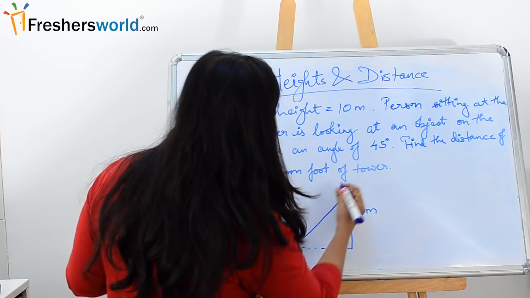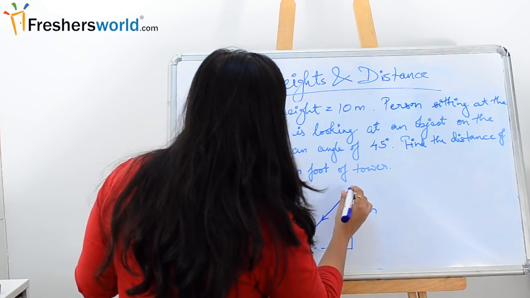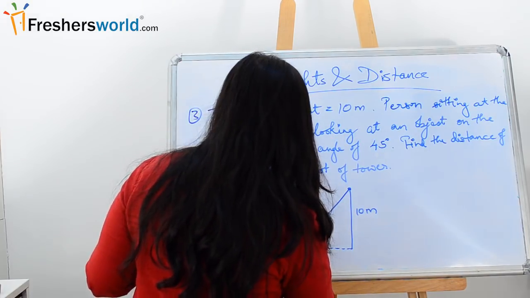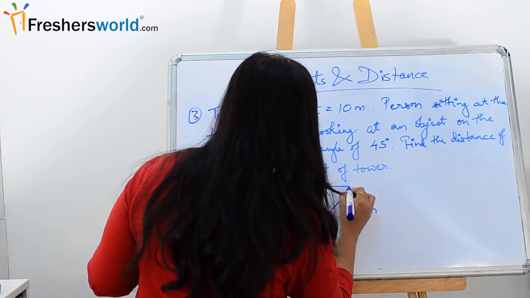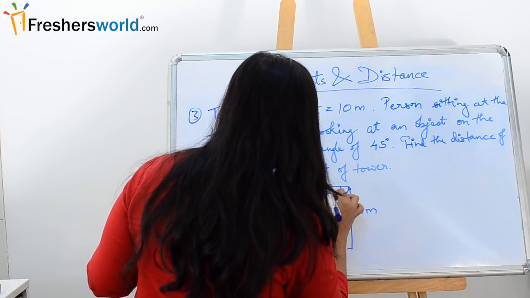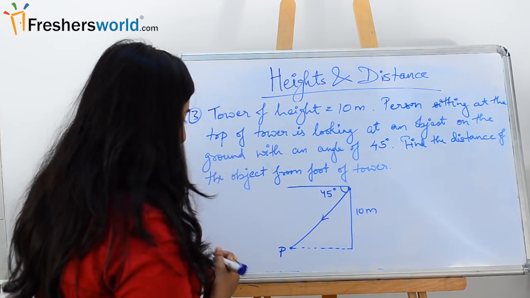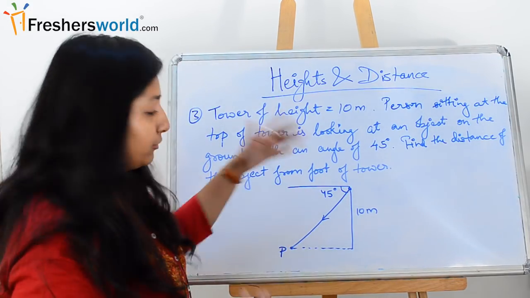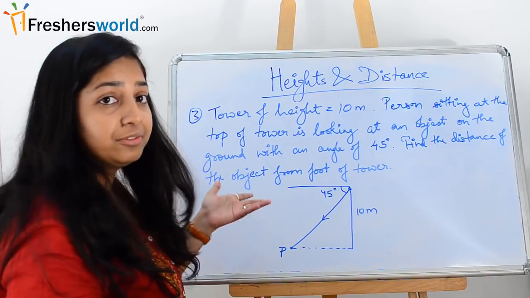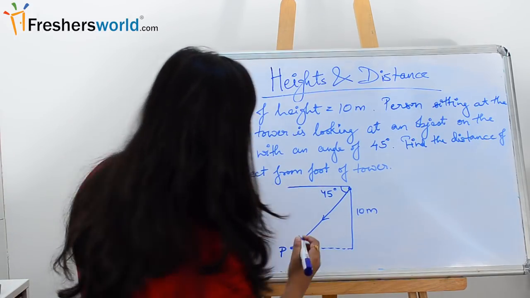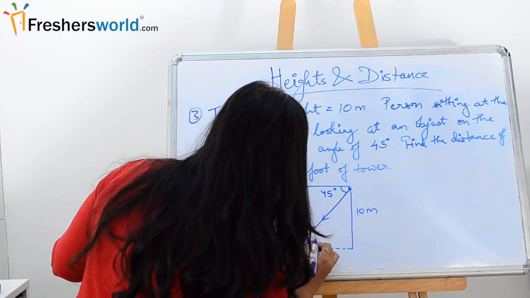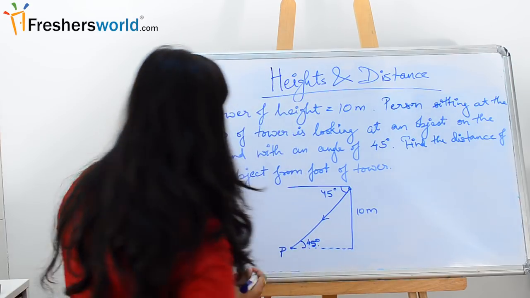Okay, and he is looking with an angle of 45 degree. So angle of depression would be 45 degree. So from my previous video, we found out that if this is 45 degree, then this will also be 45 degree.